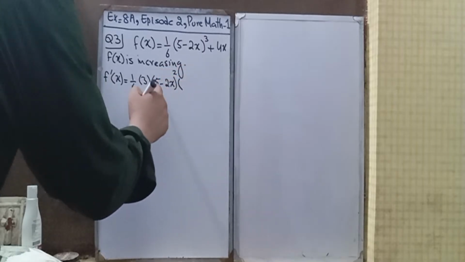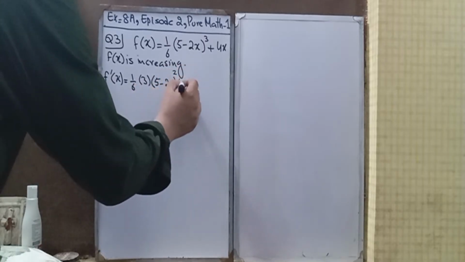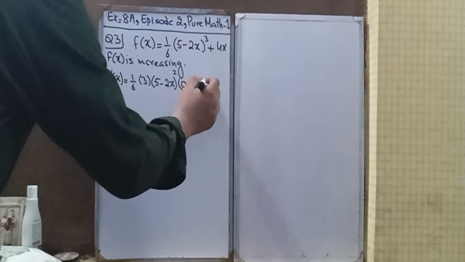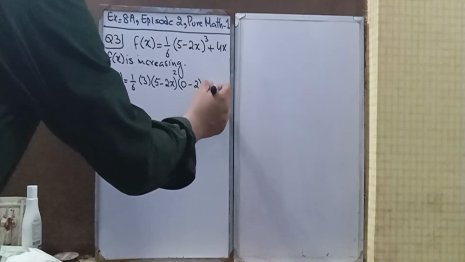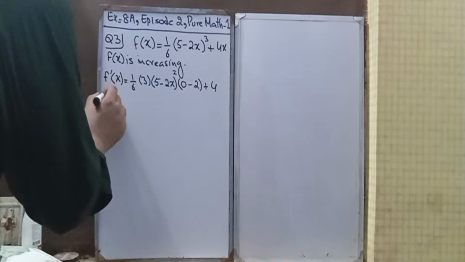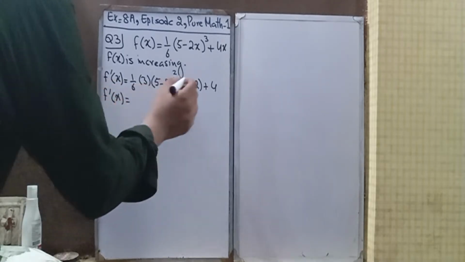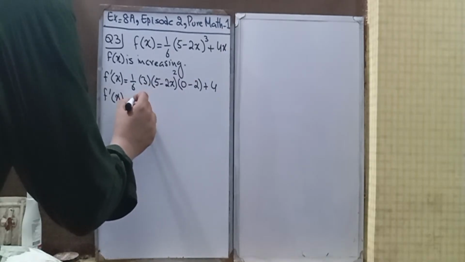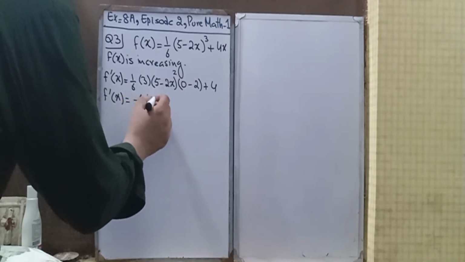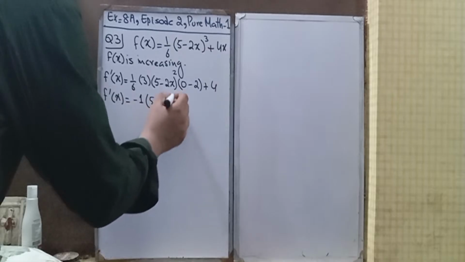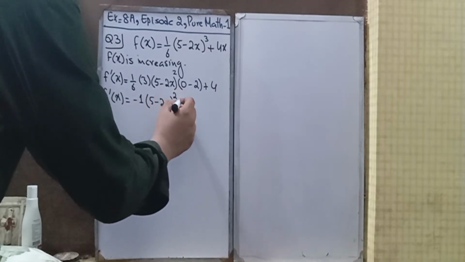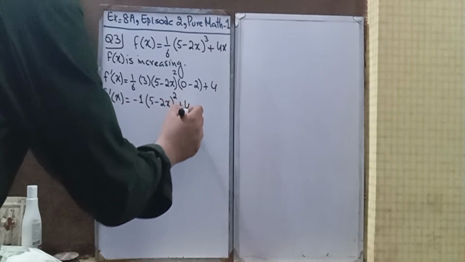Then I will write the derivative of this base, which will be 0 minus 2. Then the derivative of 4x will be 4 only. So the 1 by 2, 2 cancel, and you will have minus 1 into (5 minus 2x) raised to power 2, and this will become plus 4.